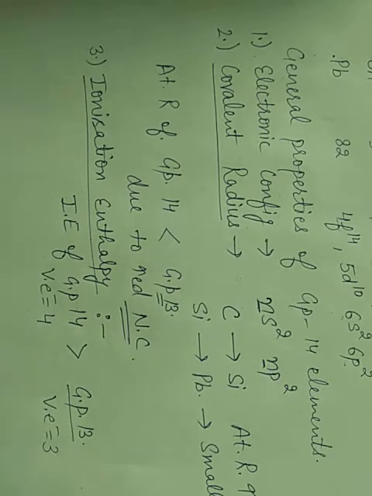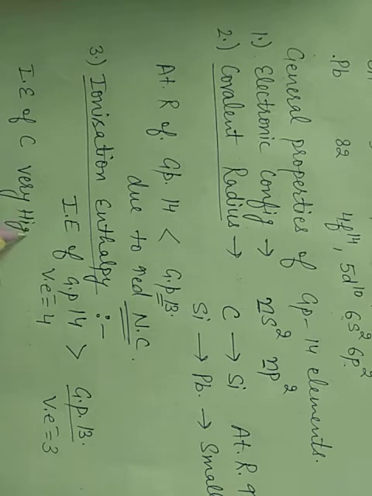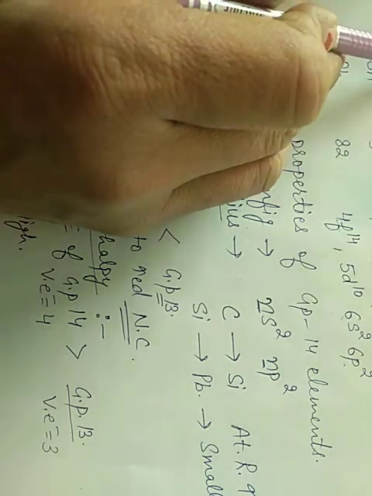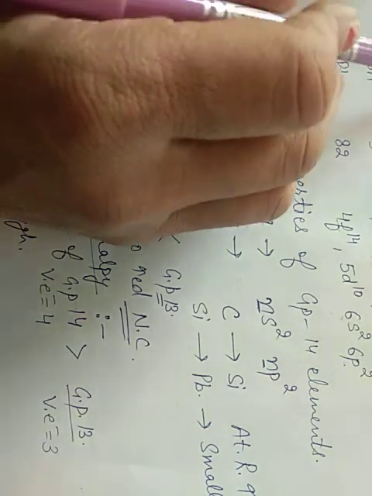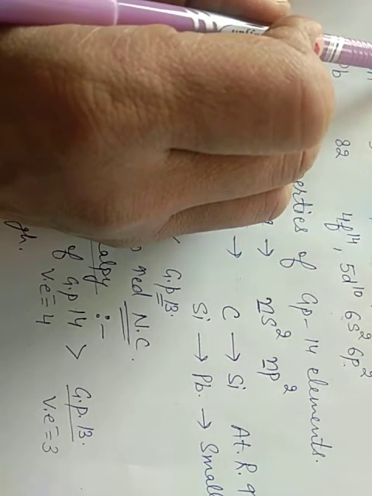So we can say that the ionization energy of carbon is very high, and after that it sharply decreases as we move from carbon to silicon.